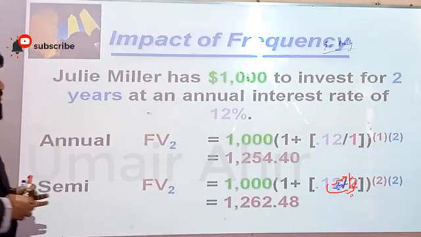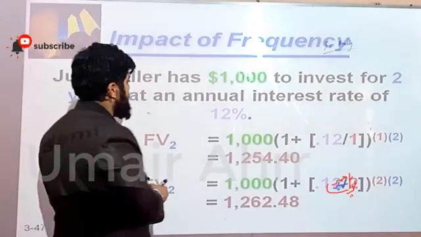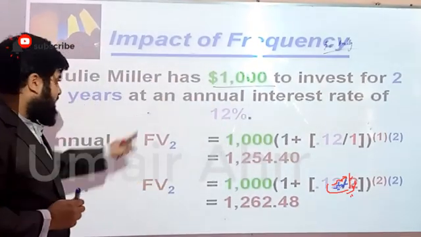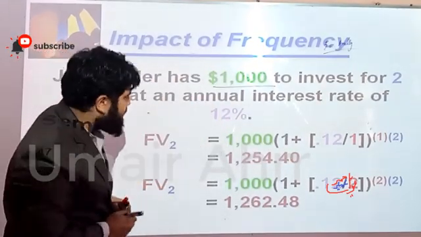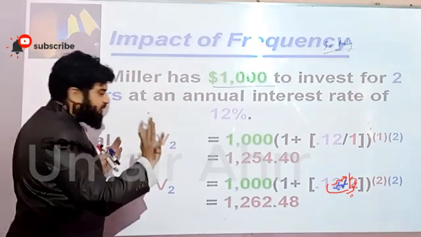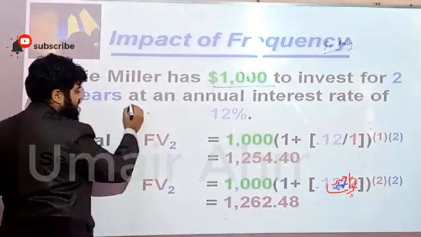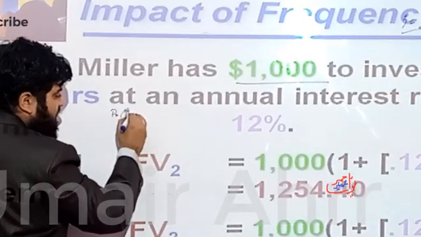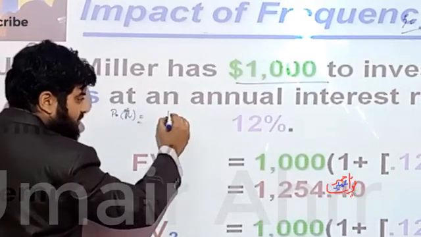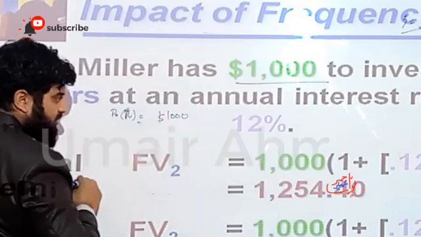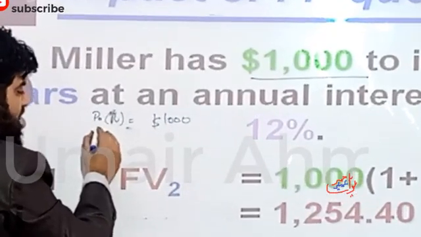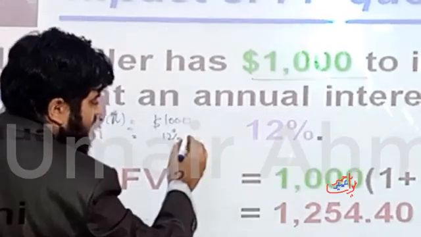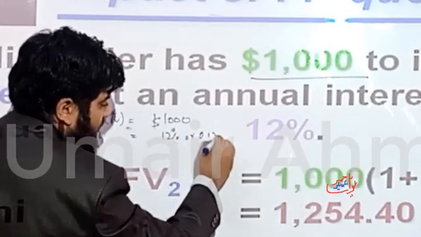Okay, Julie Miller has $1,000 to invest for 2 years at an annual interest rate of 12%. So first of all we have to get the data. P naught, or you can say PV, is equal to $1,000. Then the rate of interest is 12%, or 0.12.